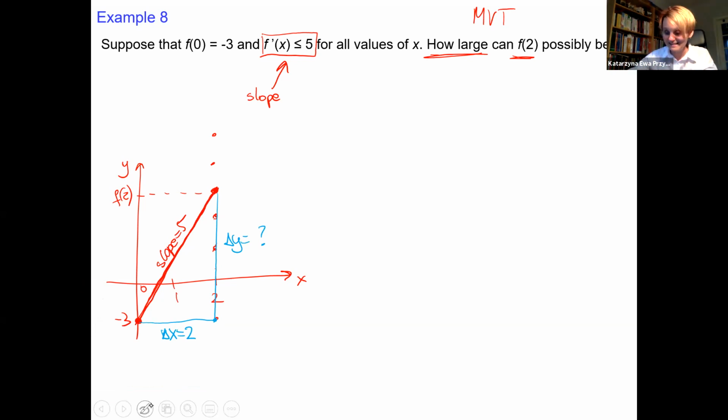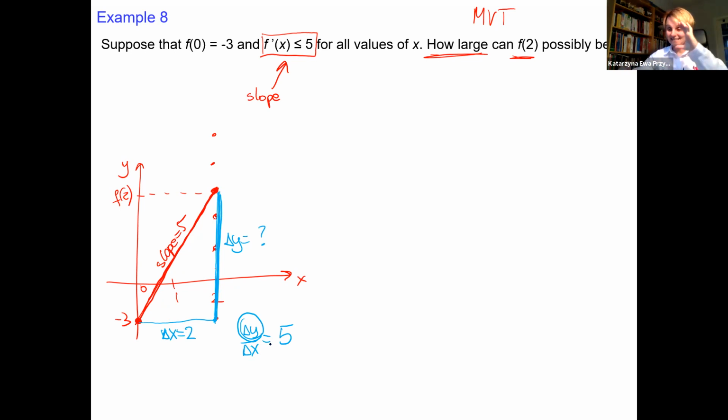In order to get the slope, we divide delta y over delta x. It is 5. Rise over run. Now, we don't know what that rise is. We don't know what delta y is. But now, what value divided by 2 will give us 5? Can you tell me what number divided by 2? 10.